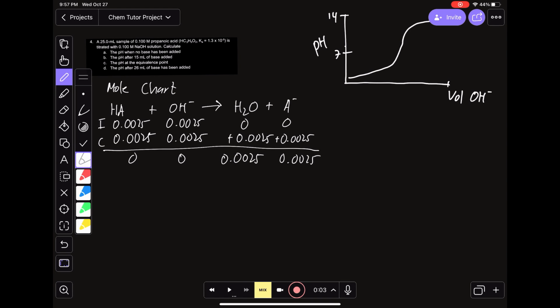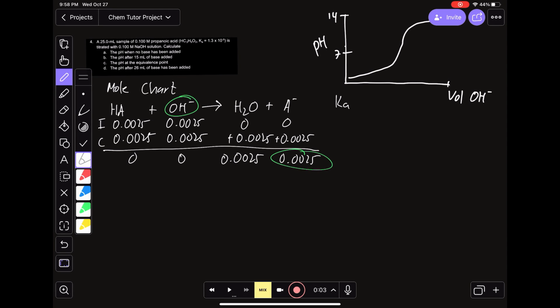Now, this is where it gets tricky. You might be wondering, how do we calculate the pH from this? We can't use Henderson-Hasselbalch. I don't see any H pluses anywhere. Well, what we see is that everything has been converted into a conjugate. The conjugate itself also has a Keq value.